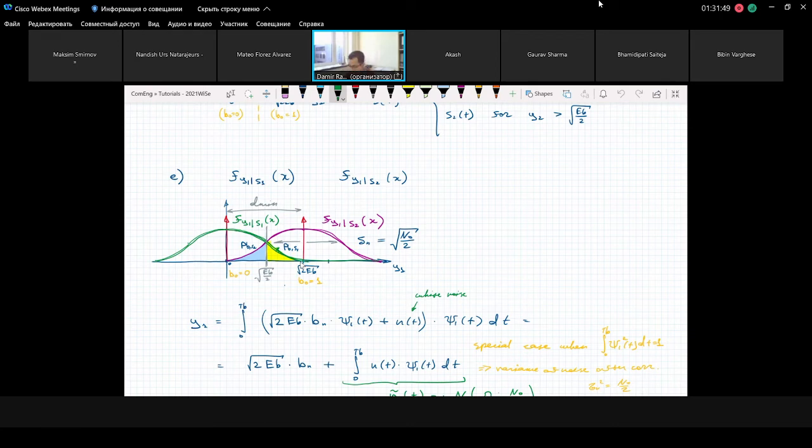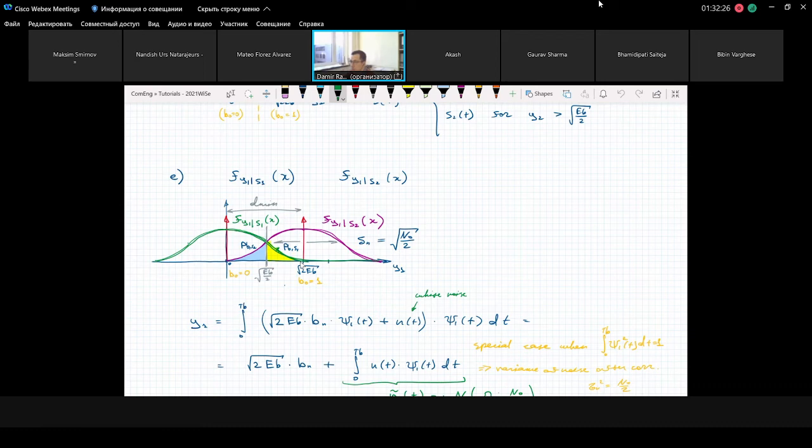For this reason, when we have noise in our transmission, we don't have such nice limits anymore, 0 and square root of 2 Eb. When we have noise, our range of possible values will be continuous. We might receive any number in the range from minus infinity to plus infinity, because noise might have any possible amplitude; we don't know.